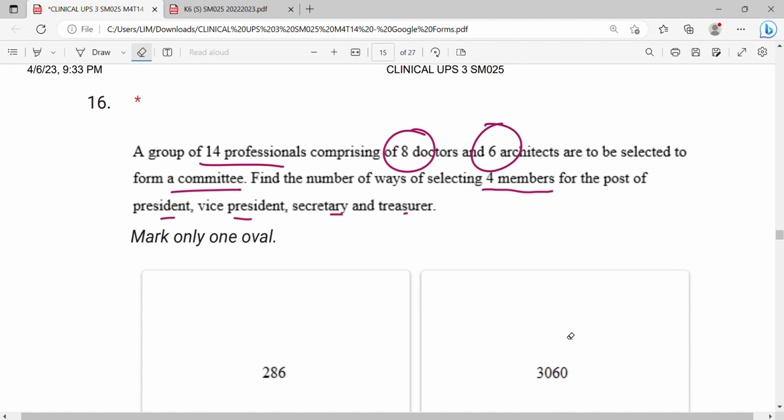Tapi dalam JK yang jawatan kuasa tu, kamu kena tahu siapa president, siapa vice, siapa secretary, siapa treasurer, so you have position to arrange. So you need choose and arrange. Faham dah? So 14, choose and arrange, permutation for 4.